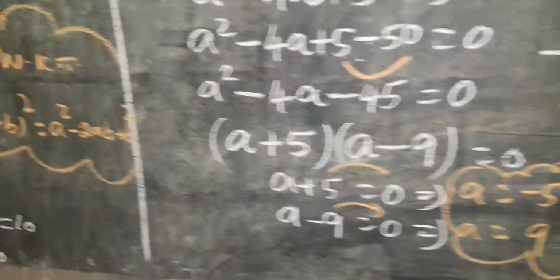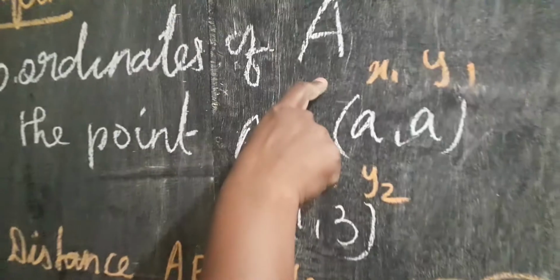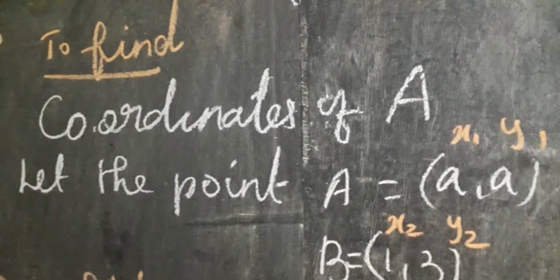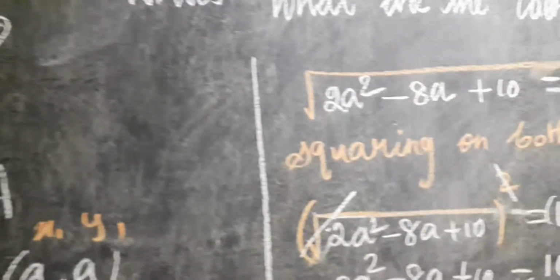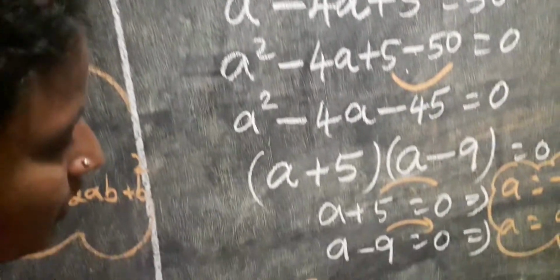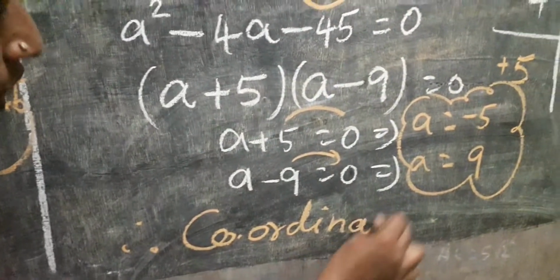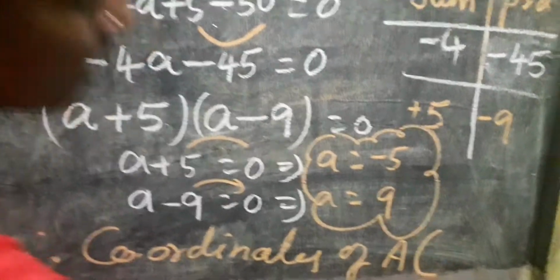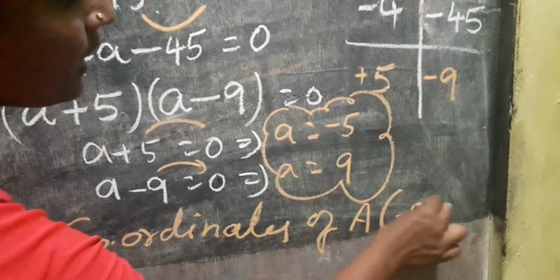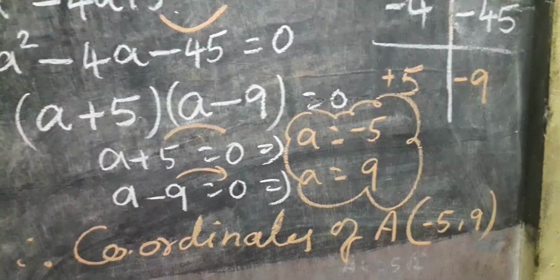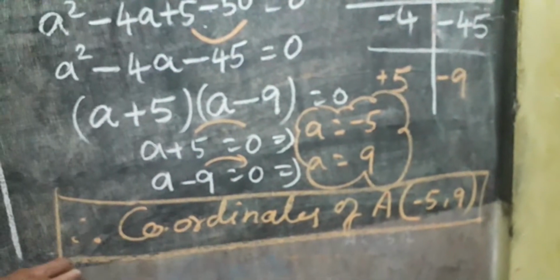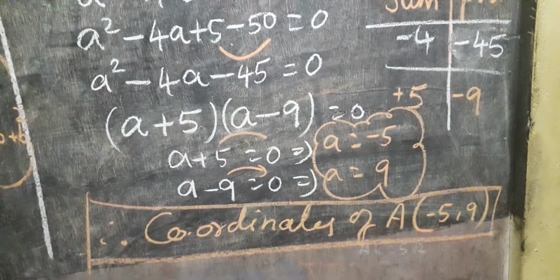We have to find the coordinates of A. Coordinates of A means A comma A. So the coordinates of A are (−5, 9). That is our solution. Can you understand here? Okay, see the next sum.